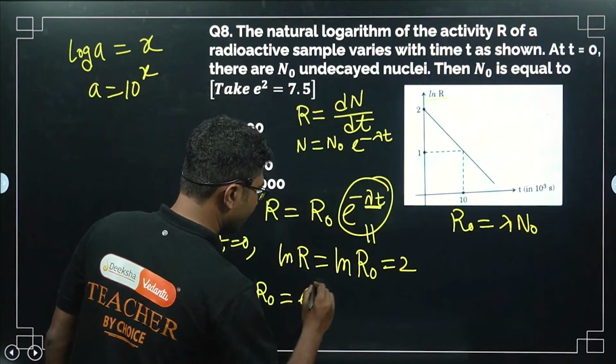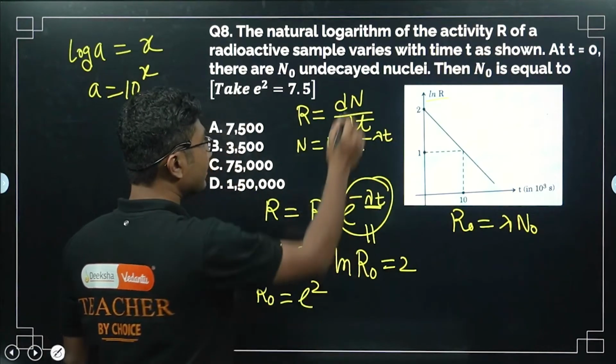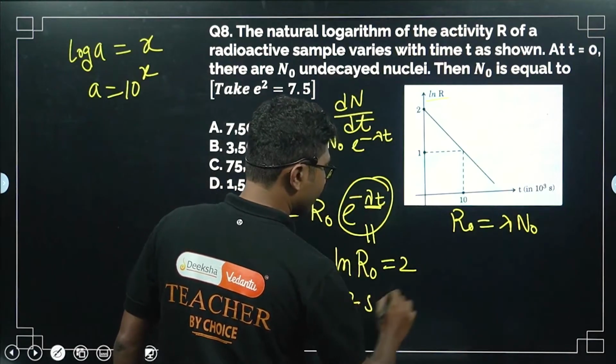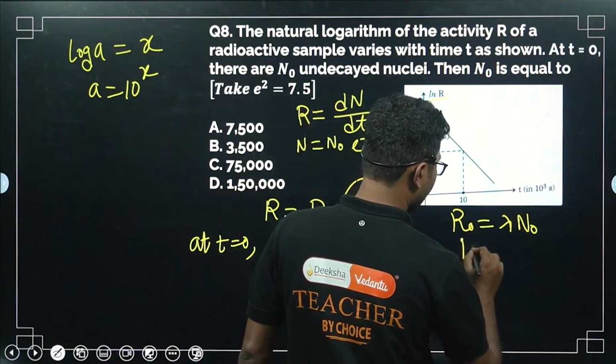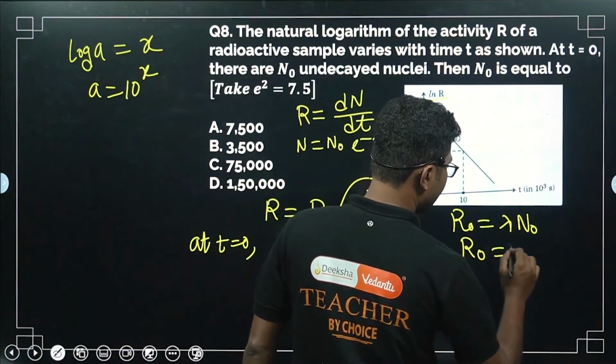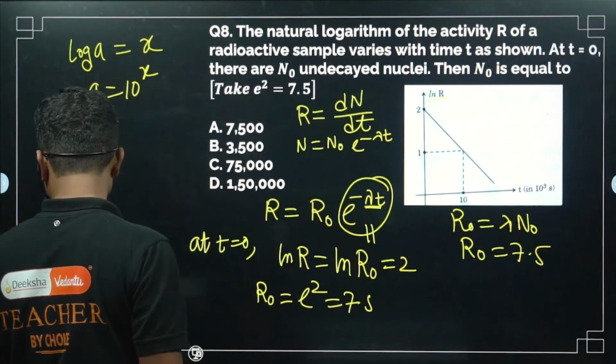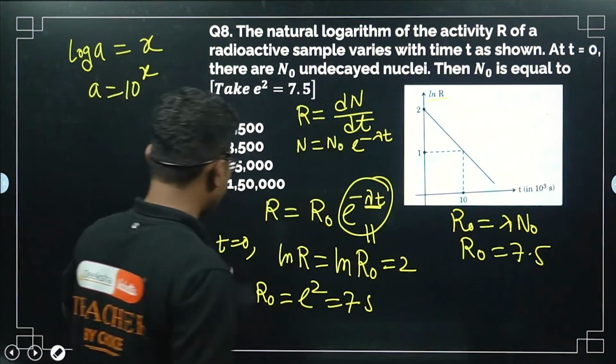So it will be e to the power 2. Now e square value is given as 7.5. So R0 is 7.5. We have calculated the R0 value as 7.5. We need to use this in our next part.